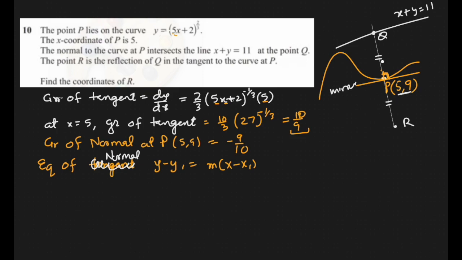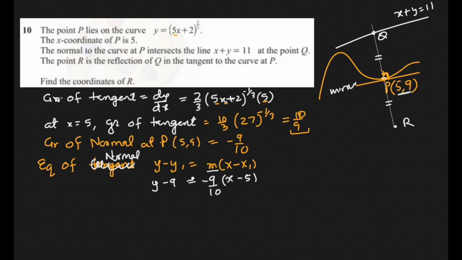So (5, 9) is a point on the normal. So I will write 9 here and 5 here. I hope I've not made any calculation mistakes. Okay. x. And equal to, what was the gradient of the normal? Minus 9 over 10.